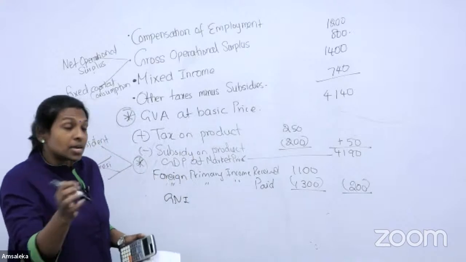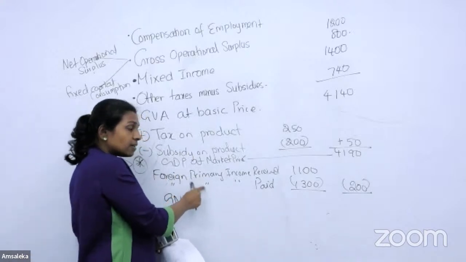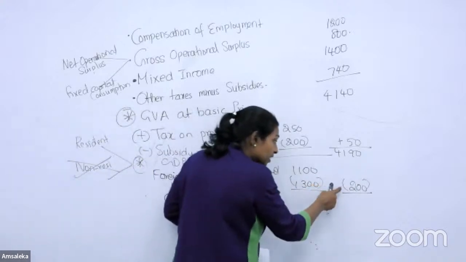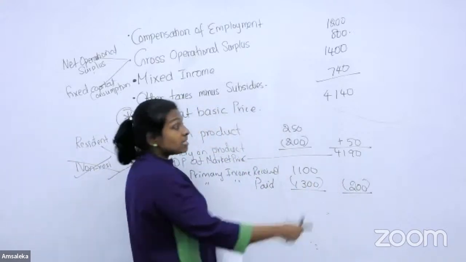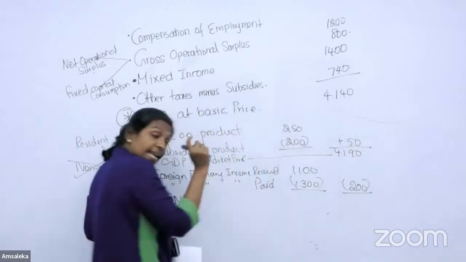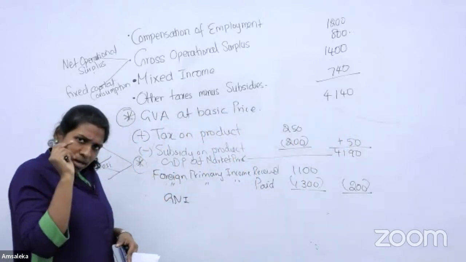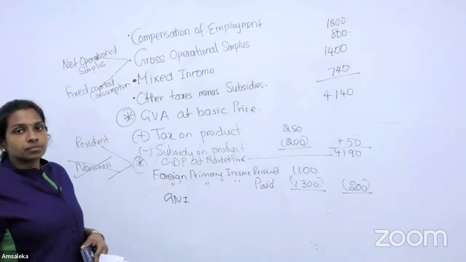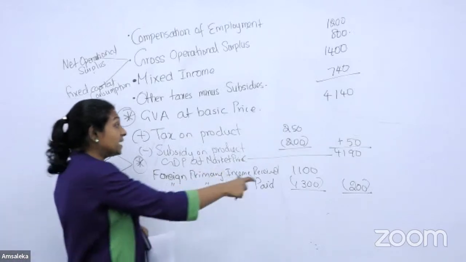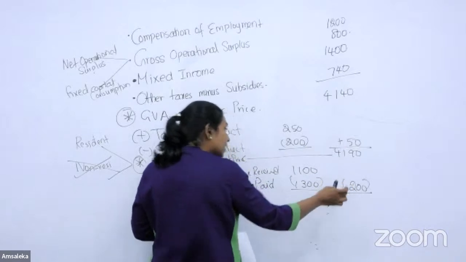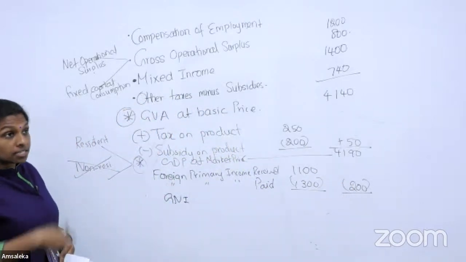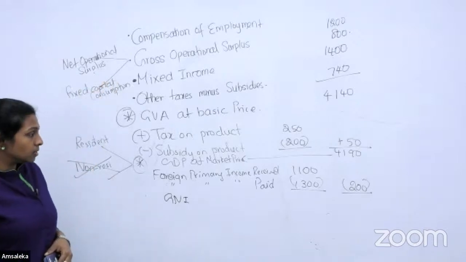Sometimes the two will be given individually, you can take them, or net primary income is given directly. Net is the word that comes when you are subtracting something from something. So this is net tax. This is net primary income from ROW, rest of world, from other countries.